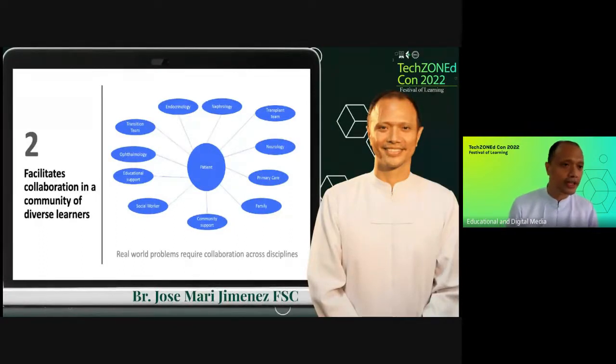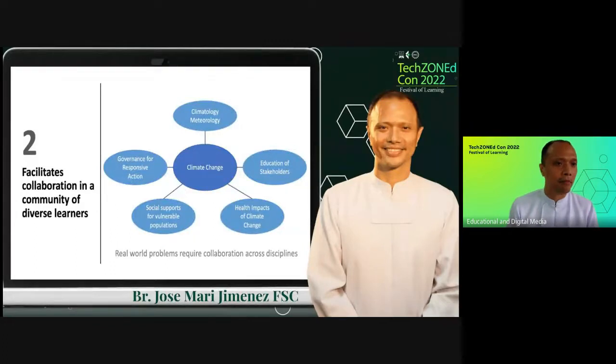We can move on to the next slide, and you will see here an example on climate change. Climate change is not just about the science of the atmosphere. It's about how the atmosphere affects people, their health. There is an aspect to climate change that is political. As you know, there's always tension between the industrialized countries who have made their wealth from burning and emitting greenhouse gases, and those countries that are less industrialized.